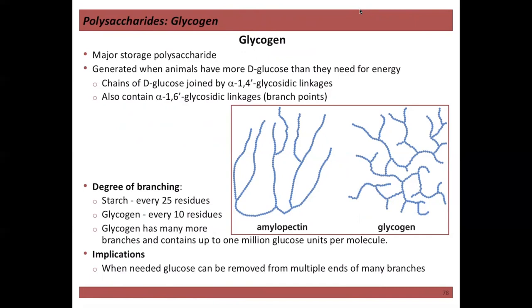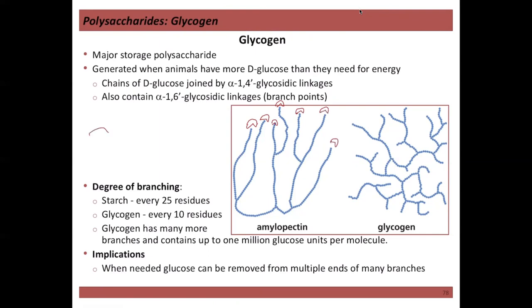And so the reason for this is if you needed to release the glucose for energy, in plants, you'd have several ends where the enzymes could come and start releasing the glucose. So these little Pac-Mans are just representing the enzymes that are going to start at the end and chew off the glucose.